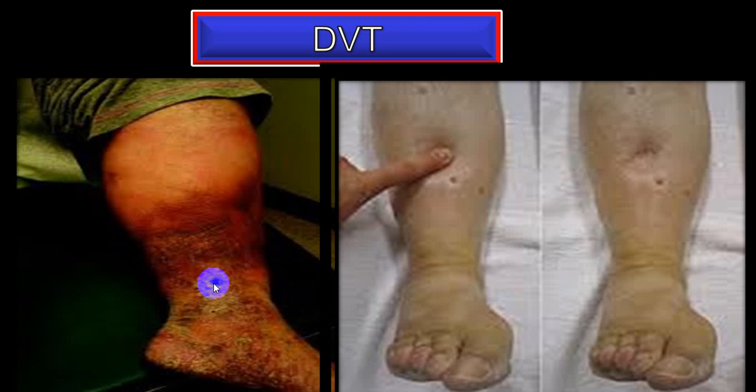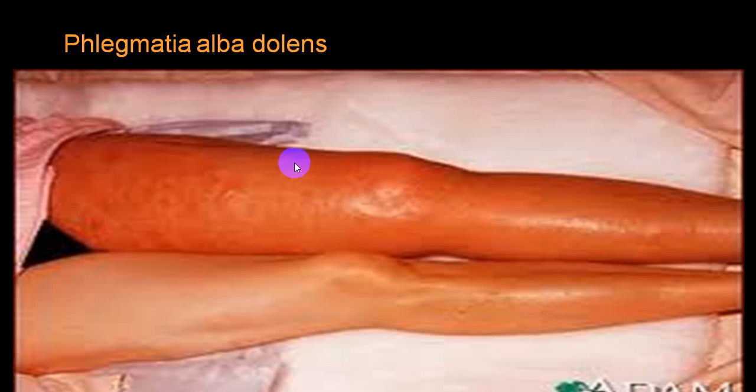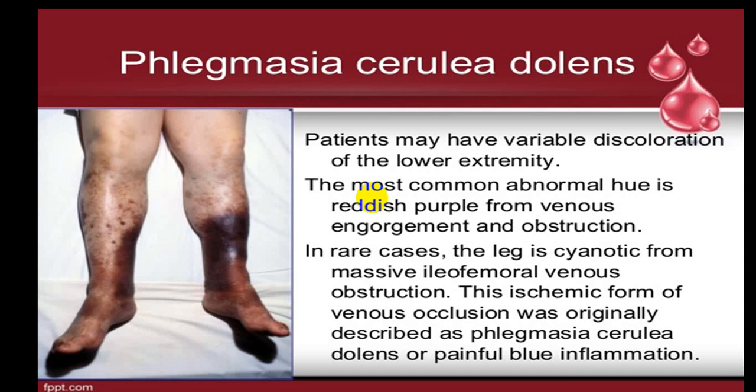This is lipodermatosclerosis, edema. This is phlegmasia alba dolens because of associated involvement of what we call arterial involvement. And this is cerulea dolens, where you will have a reddish purple discoloration, giving rise to engorgement and obstruction.